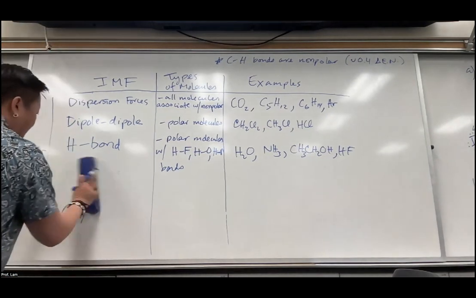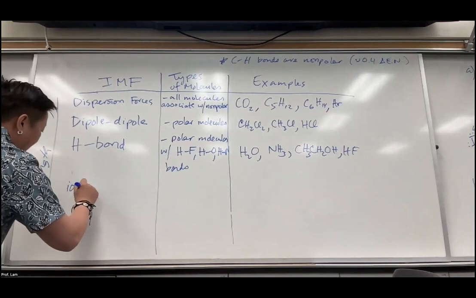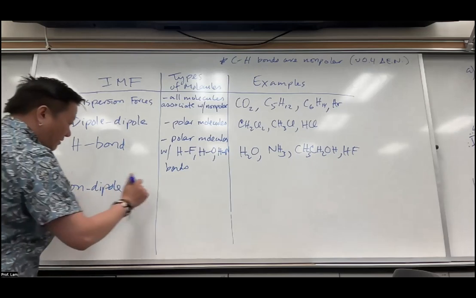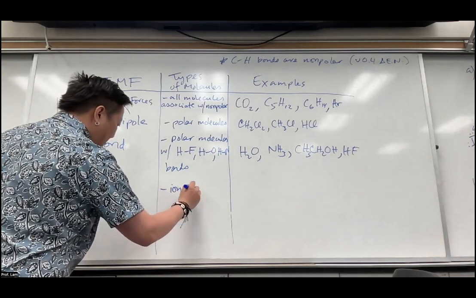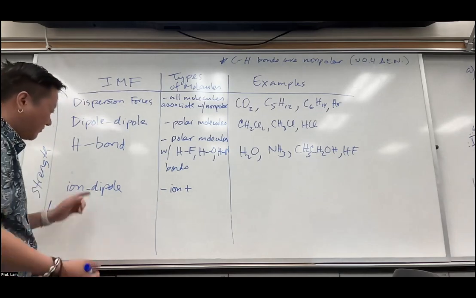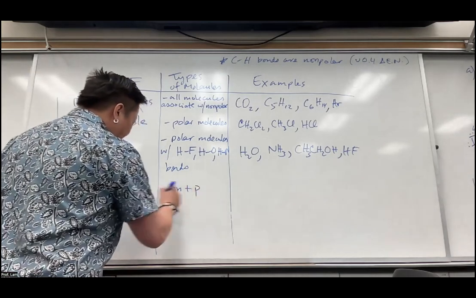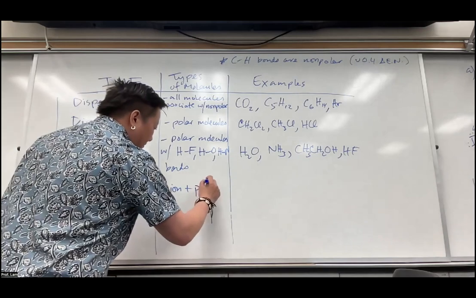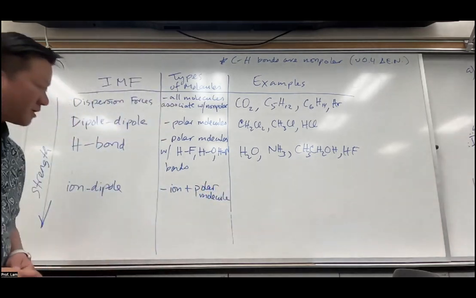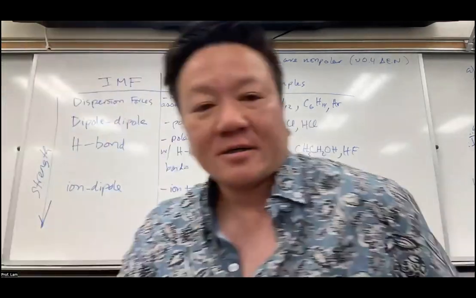Like it sounds, it's going to be between an ion, something that's completely charged, negative or positive, and a polar molecule, a dipole. Okay, so let's look at examples of that.